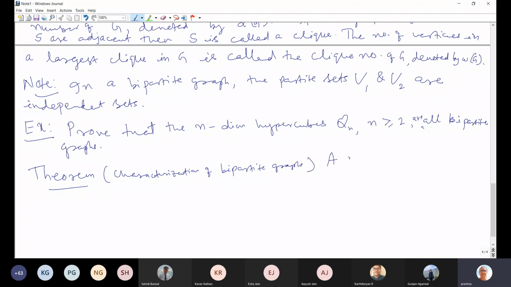A graph G is bipartite if and only if it contains no odd cycle.